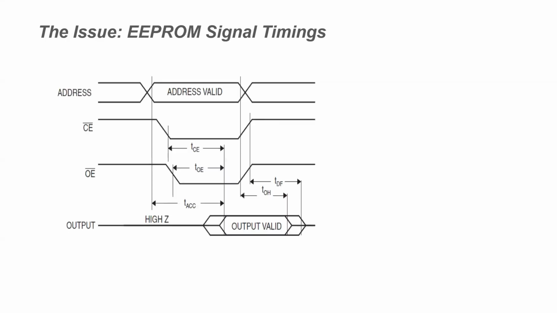Okay, so what we're looking at here is from the EEPROM data sheet for the 8K EEPROMs we're using, and we're looking at the signal timings. I in fact read through this data sheet quite some time ago, maybe even before we started TTL Computer 2, and I was aware of this one point we'll get to in a minute, but I think it didn't make as important an impression on me as it should have.